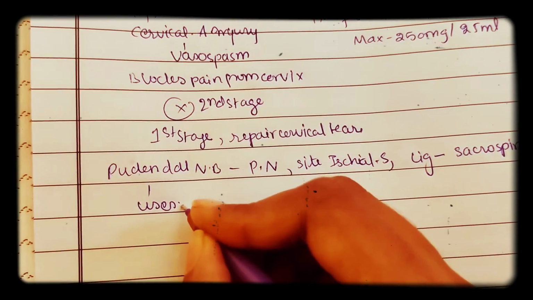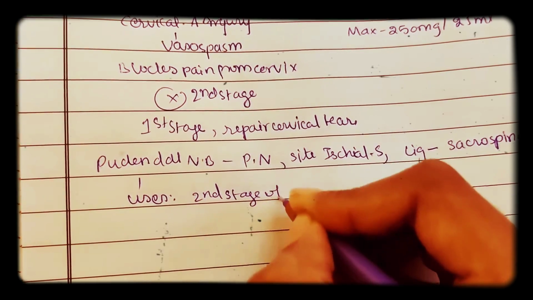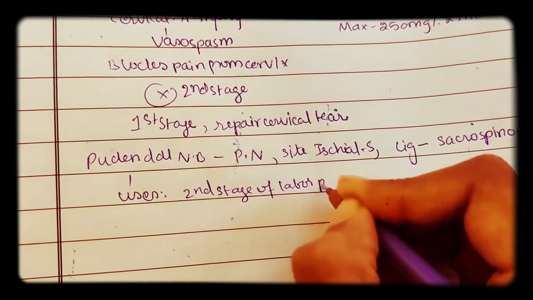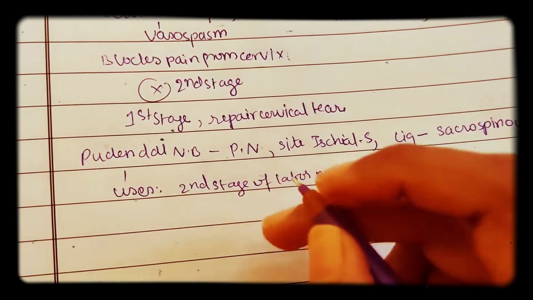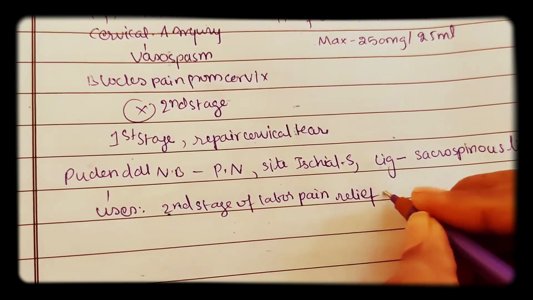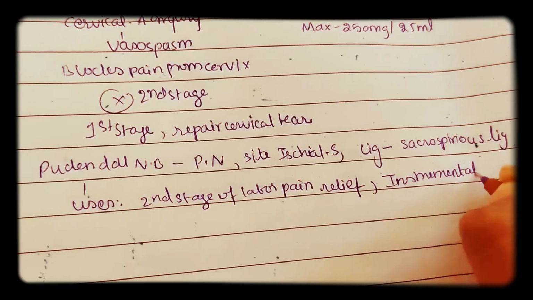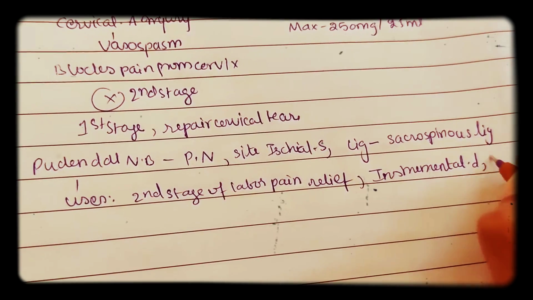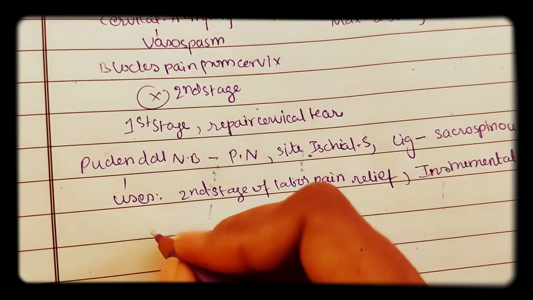There are different uses, like the second stage of labor pain relief. It can relieve the second stage, whereas paracervical can relieve only first stage. And here there is instrumental delivery. And next, the perineal or vaginal tear repair.